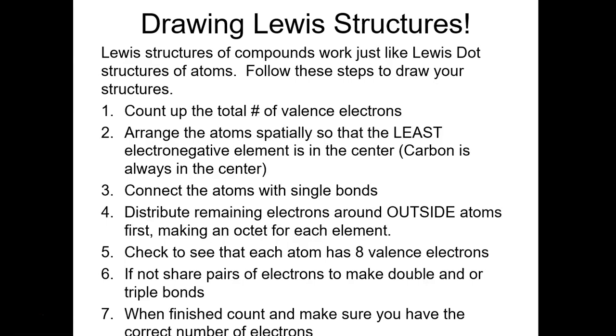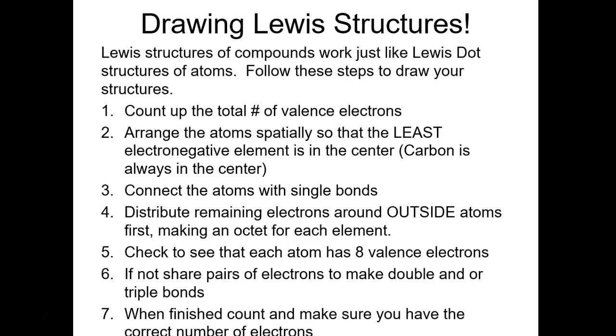Now, after you've counted the valence electrons, you want to arrange the atoms spatially so that the least electronegative element is in the center. Carbon is always going to be in the center, and hydrogen will never be in the center. Hydrogen does have low electronegativity, but because hydrogen can only make one bond, it can't be a central atom.